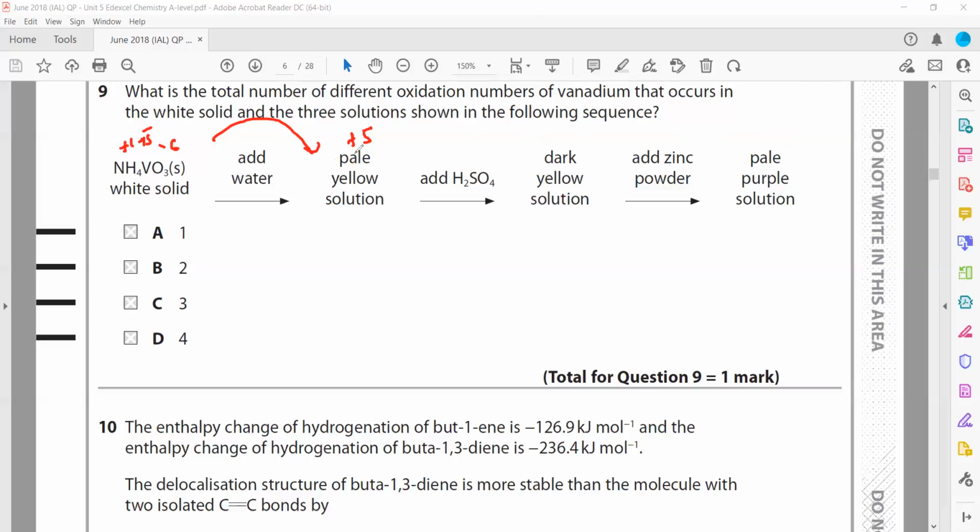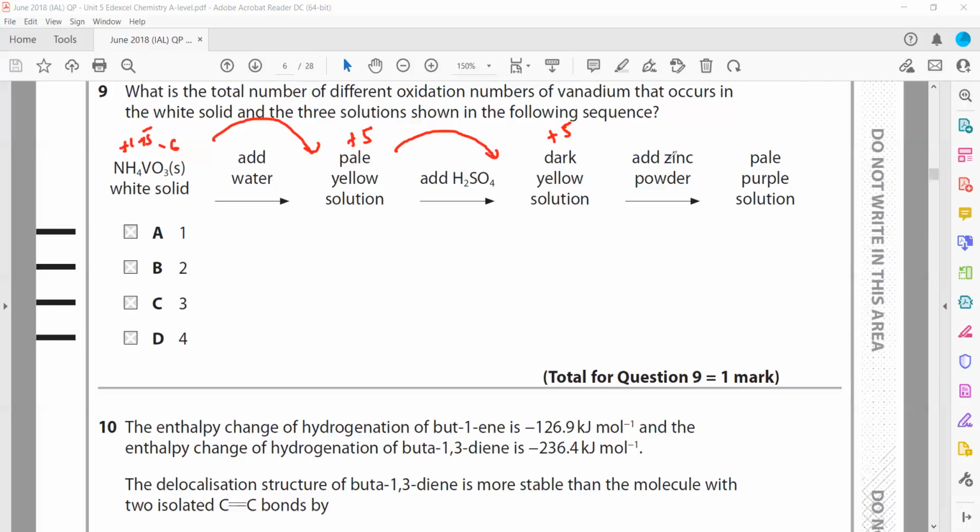When we add water here, vanadium remains +5. When we add sulfuric acid, there is a change from the pale yellow solution to a dark yellow solution. So the color of the solution changes, but the oxidation number remains the same. It does not change the oxidation number.